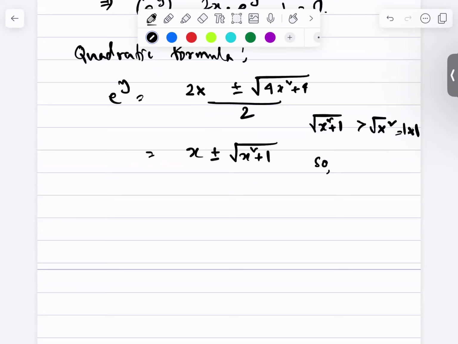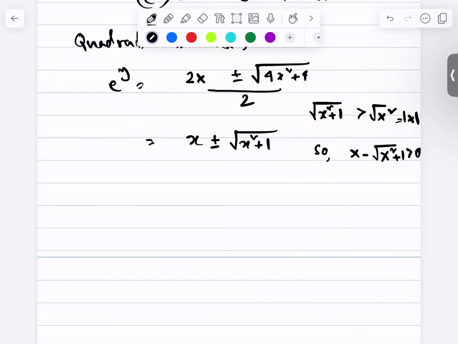So, sorry, it's a mistake. From this line, what I can say is that x minus the square root of x squared plus 1 is less than 0, right?